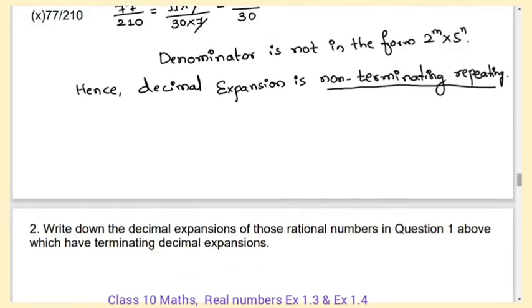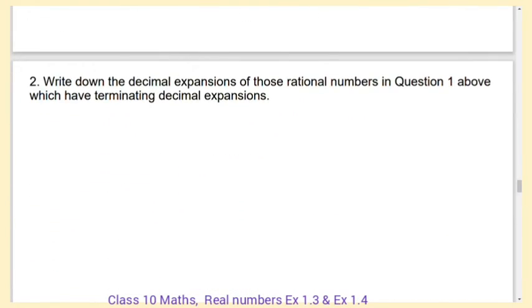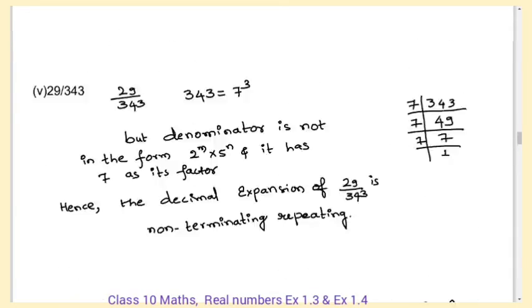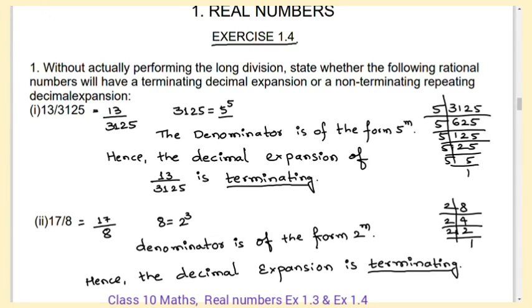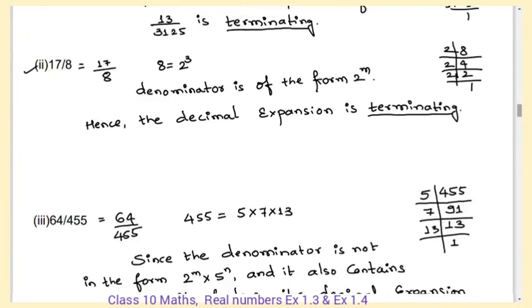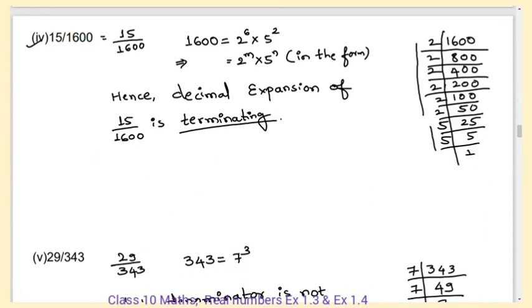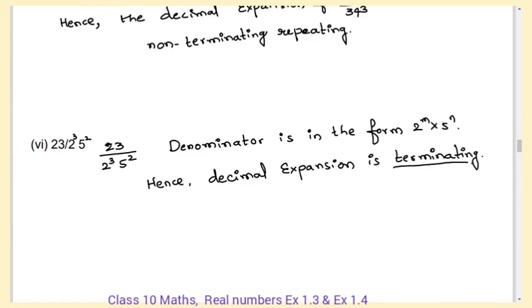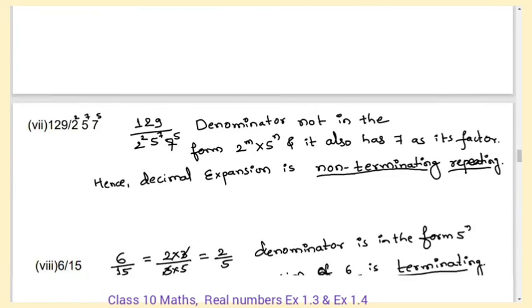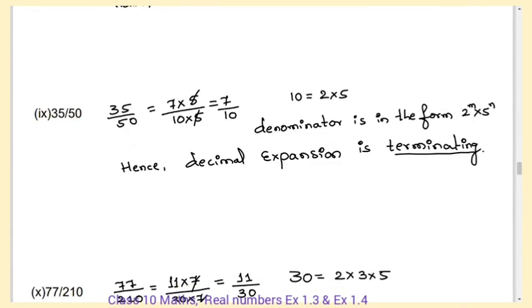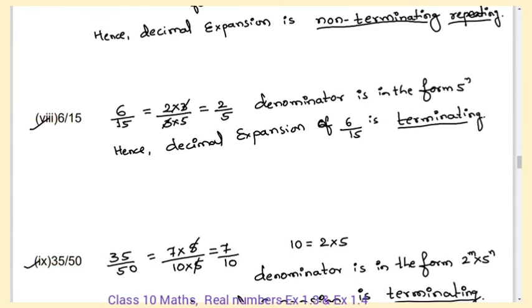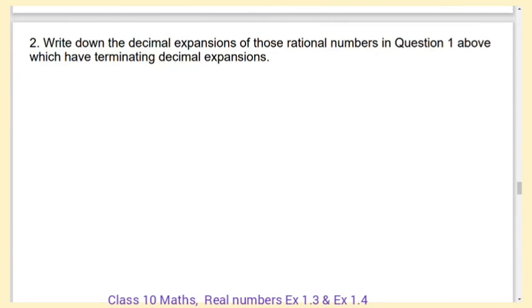Now the second question. Write down the decimal expansions of those rational numbers in question number 1 above which have terminating decimal expansion. Terminating are the first one, second one, fourth one, sixth one, eighth one, ninth one.